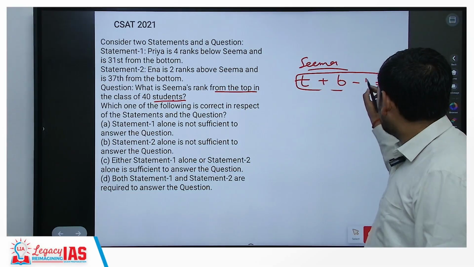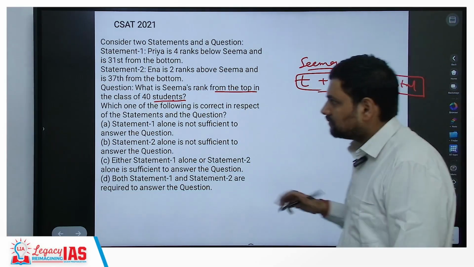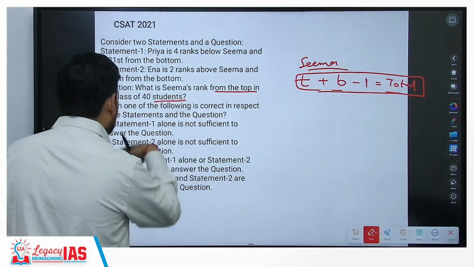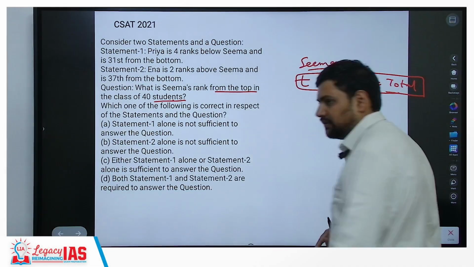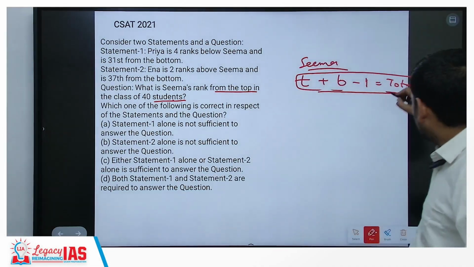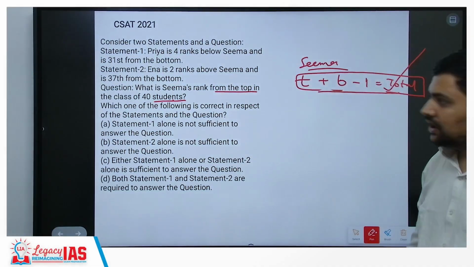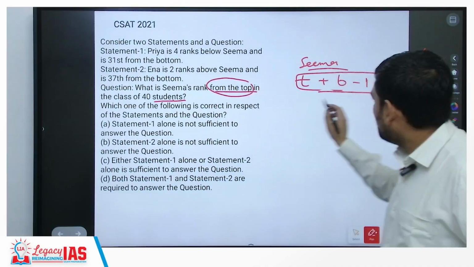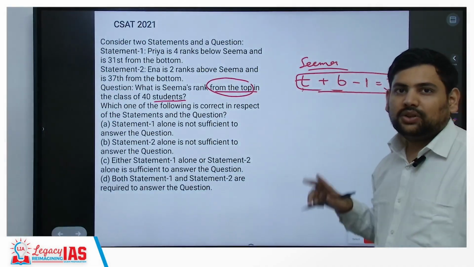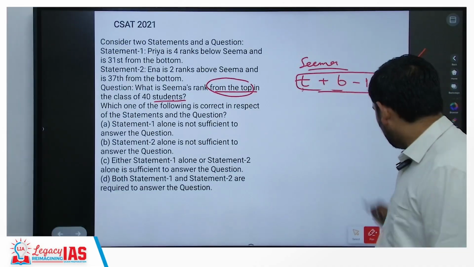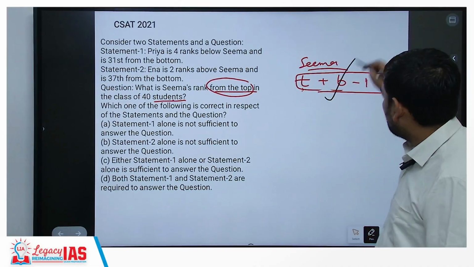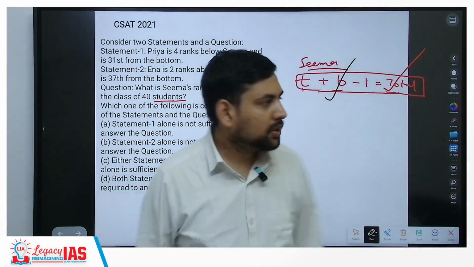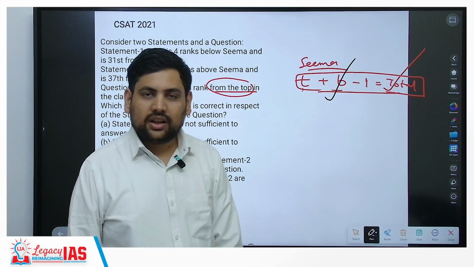Now, in this question it says Seema's rank from the top in a class of 40 students. So the total is known. Then it is asked what is Seema's rank from the top, which you will have to calculate. For this, if I tell you the value of Seema's rank from the bottom, then can you get her rank from the top? Correct?